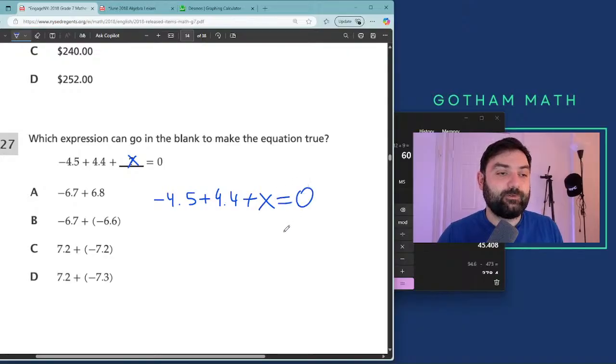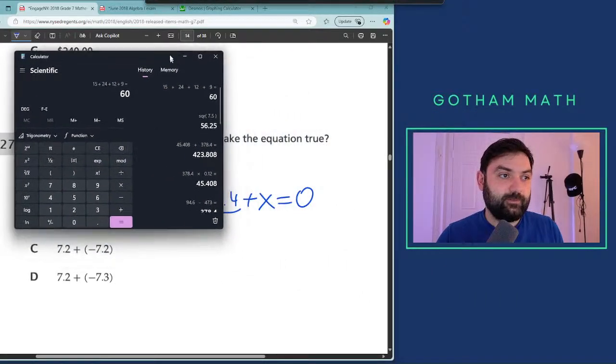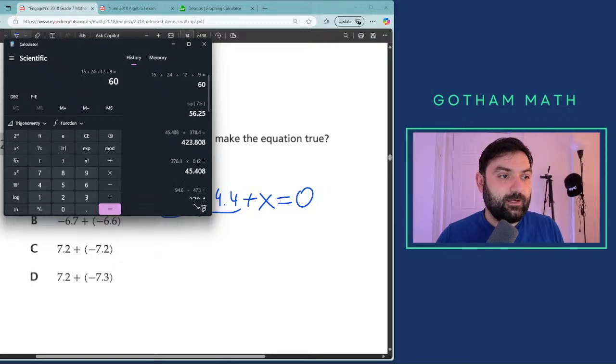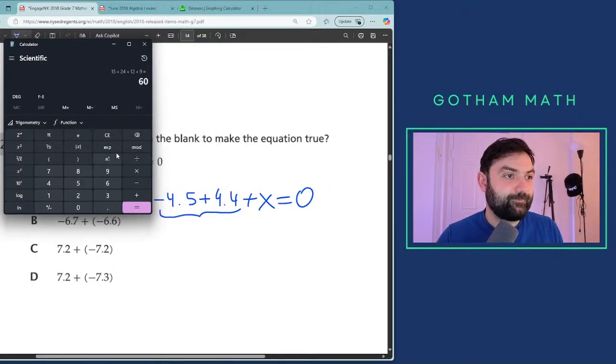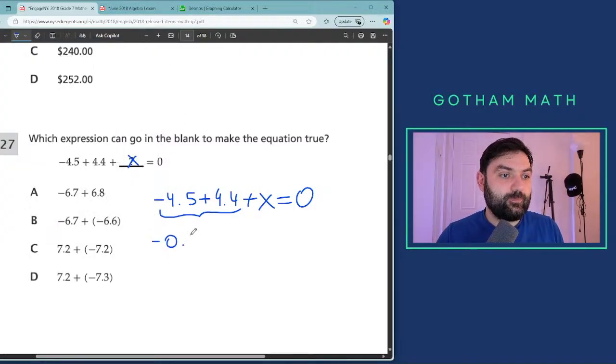Plus X equals 0. Now what I want to do is I would probably want to combine these two. Negative 4.5 plus 4.4, and 7th grade calculator, right? It's going to be negative 4.5 plus 4.4, which is negative 0.1, well, obviously, right?